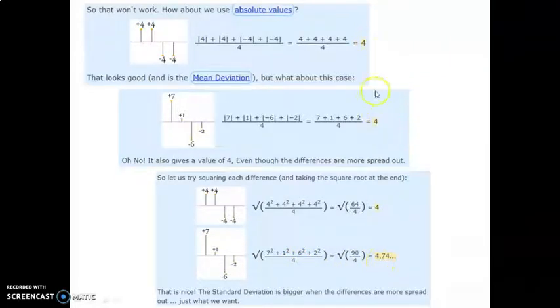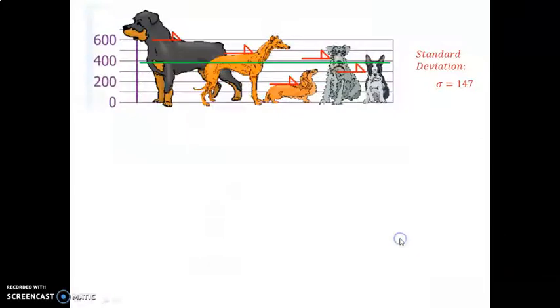So absolute values produced 4 and 4, but now we have values of 4 and 4.74. And this is better. This tells us that this data has more variance. It has a different kind of variation from the mean than this does, and that's absolutely true. So that number is a better indication of what's going on. It's an exaggerated average, which is what we need here. Okay, with that, let's keep going.